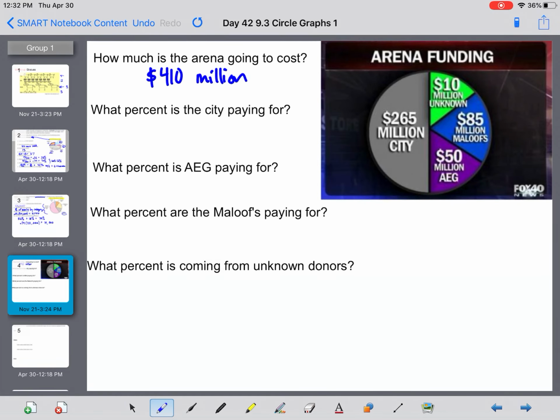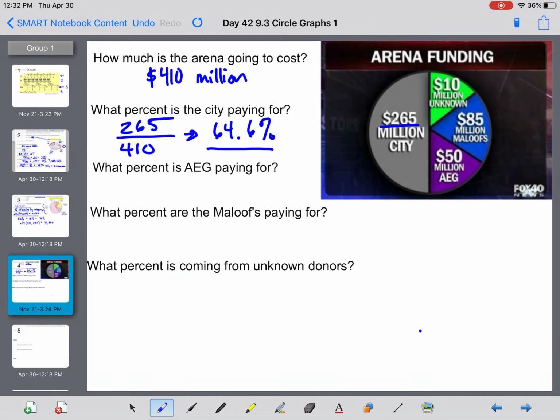What percent is the city going to be paying for? Well, if I look at the city is chipping in 265 million out of the total. So I'm going to go ahead and do 265 divided by that 410. And that tells me that the city is paying for about 64.6% of the overall arena that's being funded here.